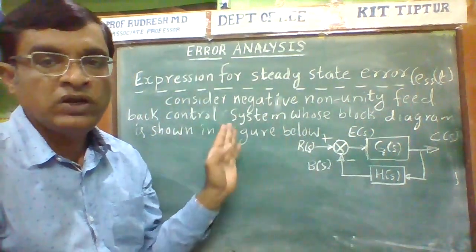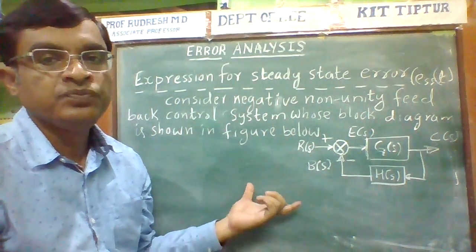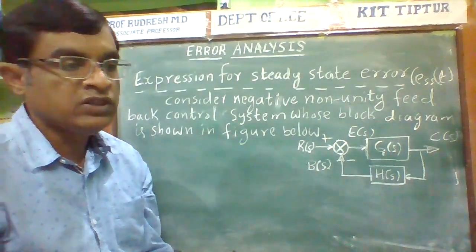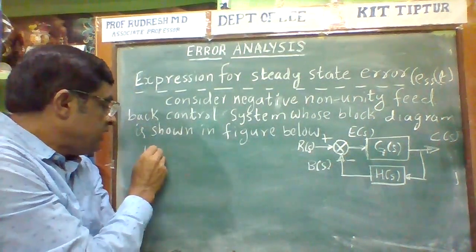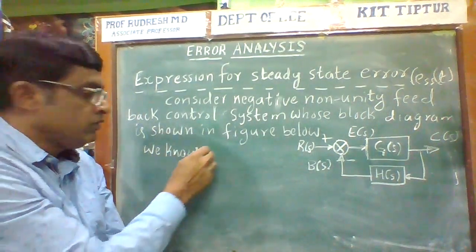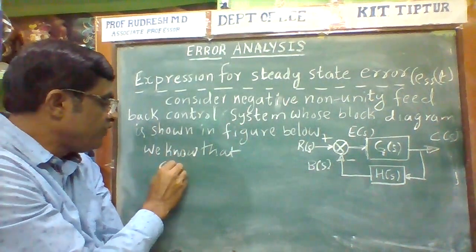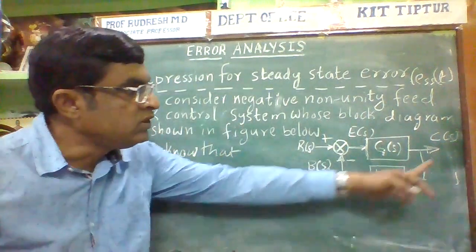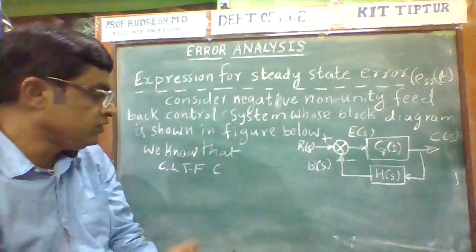I want to derive the expression for e_ss(t). Consider the non-unity feedback closed loop control system. The block diagram is as shown in the figure. What is the closed loop transfer function? It is the ratio of the output of the closed loop system divided by the input of the system.